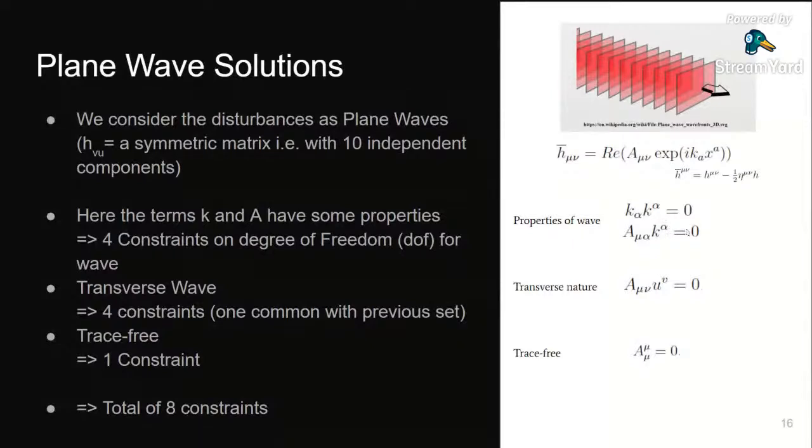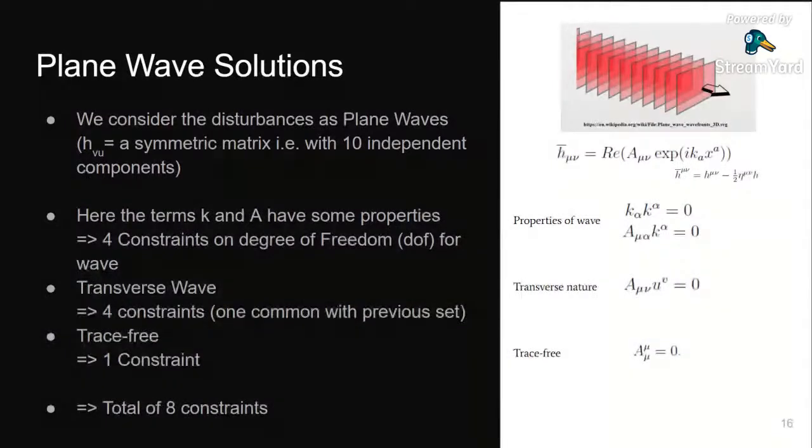The next constraint is that the wave is transverse in nature, which means that the propagation is perpendicular to the amplitude or to the oscillations. The propagation of the wave is perpendicular to the oscillations in the wave.